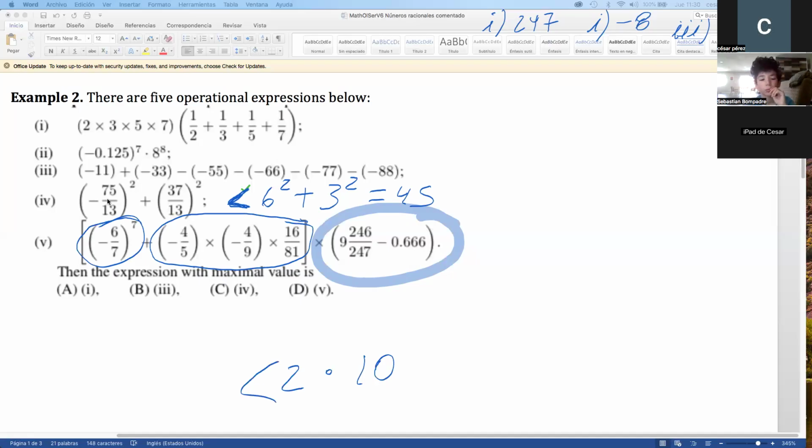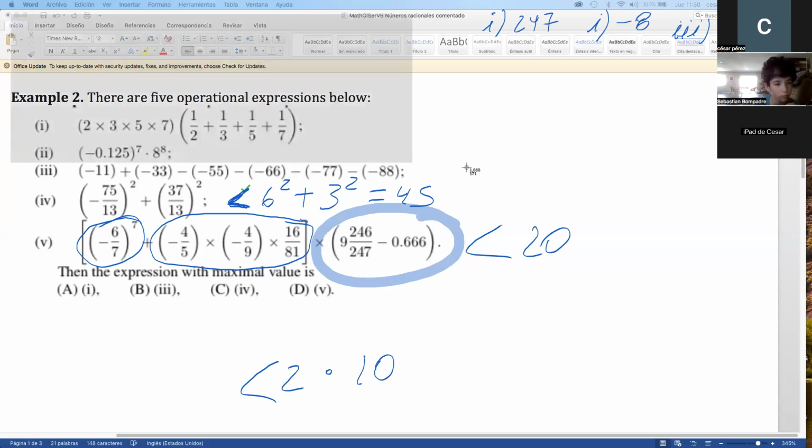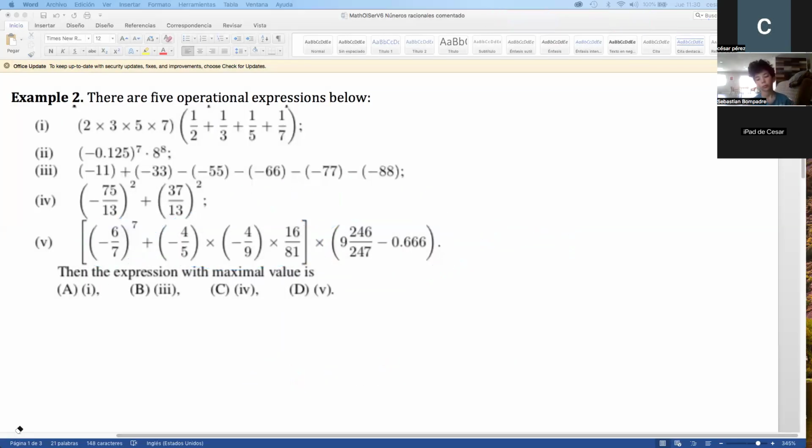So 20 is bigger than this one, and 20 is less than 200 and 247. Okay, that's the way that I did it. Okay, let's try the next one.